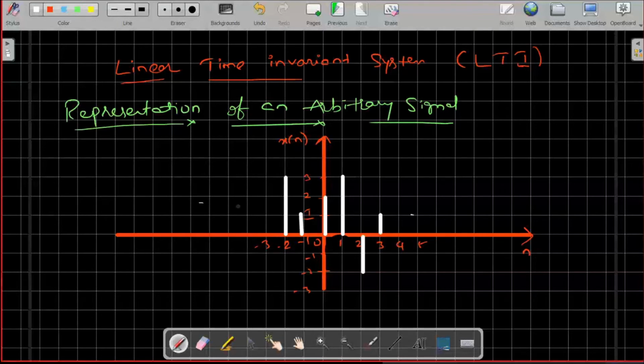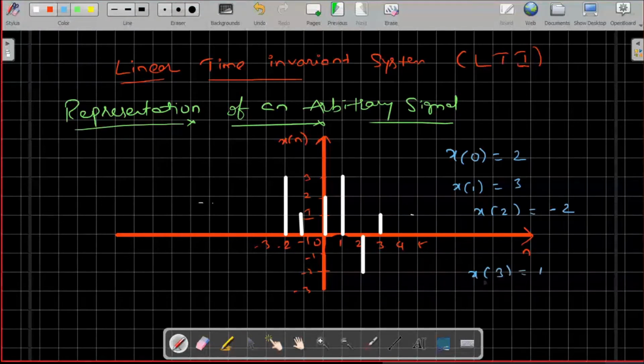Now I am trying to represent the signal in terms of impulse signals. How are we going to represent it? See, the amplitude at n is equal to 0, which is x of 0, is 2, then x of 1 is 3, x of 2 is -2, then x of 3 is 1.